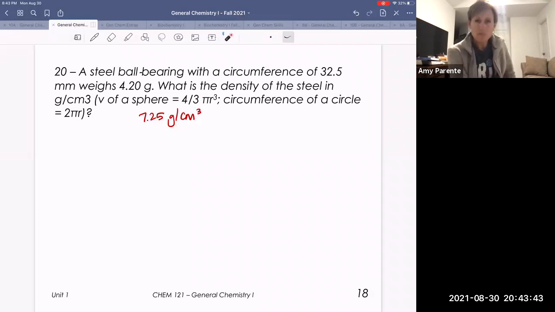I give you an equation for the volume of a sphere: 4/3 times pi times the radius cubed. And the circumference of a circle is 2 times pi times the radius. So a couple of equations that we're going to need to use to get some pieces of information to solve this problem.